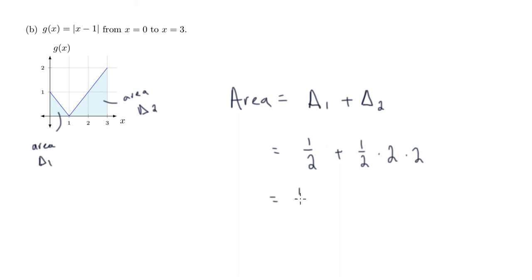So this is 1/2 plus 2, which is 5/2 or 2.5. All right, so the area is just 2.5. And again, we just found this by recognizing that the graph of this function was just two triangles. So we just took the area of those two triangles and added them up, and that gave us the total area, 2.5.